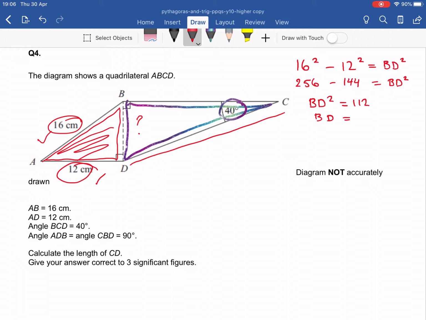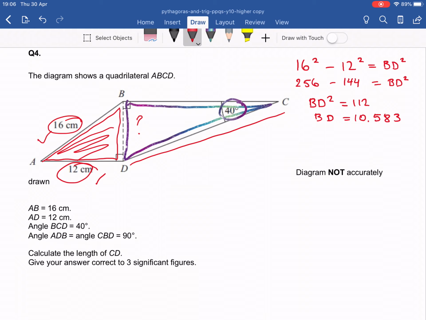4 root 7 doesn't help, but I'm going to take 10.583 something something something. I'm going to take 10.583. This should be enough to allow me a good degree of accuracy. I'm not going to round straight away to the degree of accuracy they asked me to, so I'm not going to round to 3 sig figs yet.